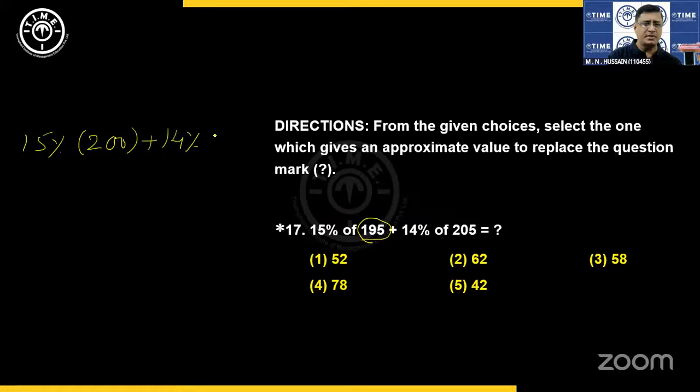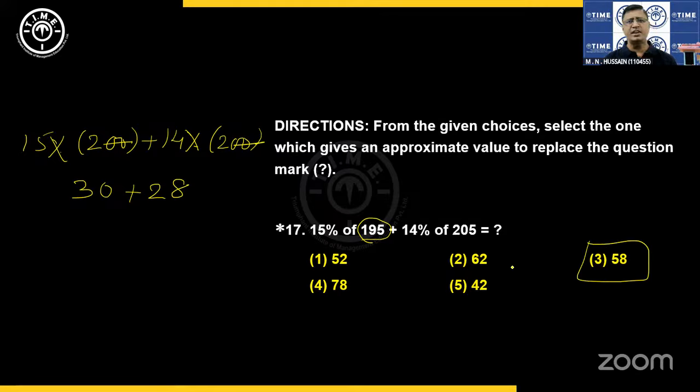Now 14% of 200. Percentage and 2 zeros cancel. 30 plus 28. 30 plus 28, that is 58. Now the right choice, option number 3. Third choice is the right answer. Option number 3.